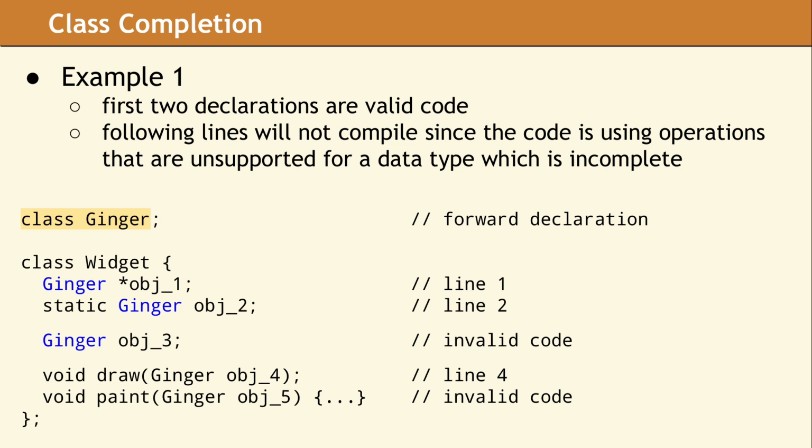Most programmers would say the reason why is that the compiler does not need to know the size of a Ginger type in order to allow the declaration of a pointer to that type. However, this is not how the standard defines the situation. The technical reason why this code is valid is that a pointer to any data type is valid.